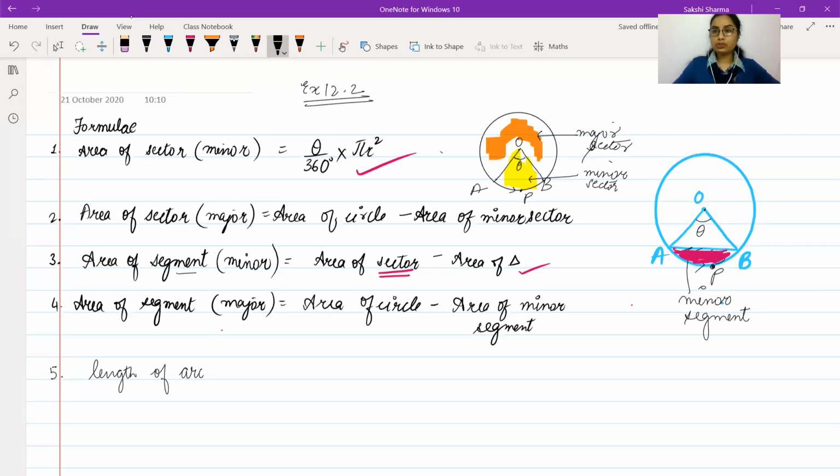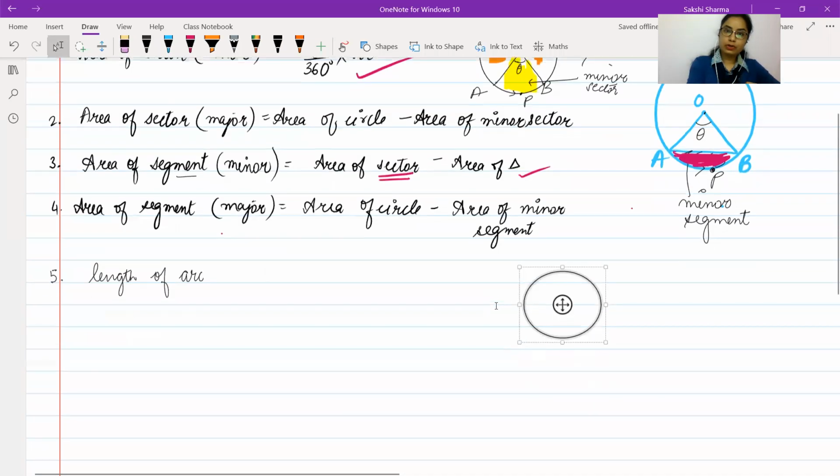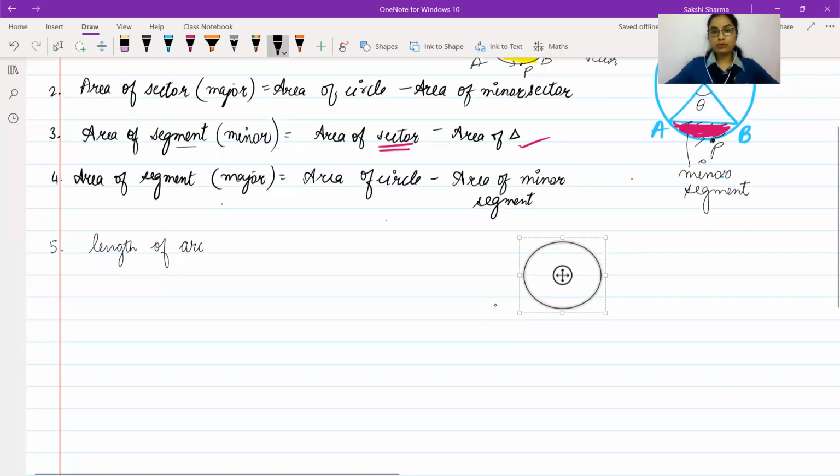Arc is the portion of the circumference included between 2 points on the circle. अगर हमारे पास कोई circle है और उसकी boundary पे हम कोई 2 points mark कर देते हैं, तो circle की जो boundary उन 2 points के बीच में included होगी.